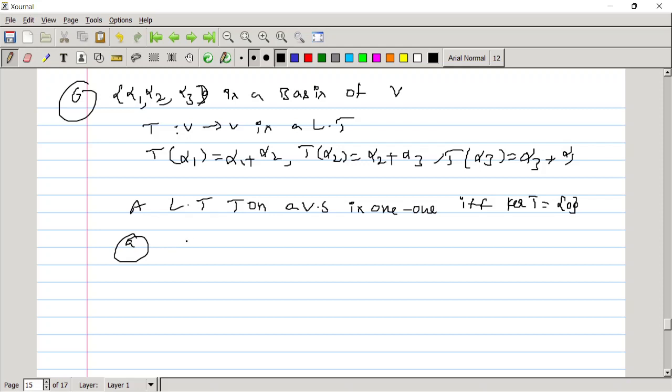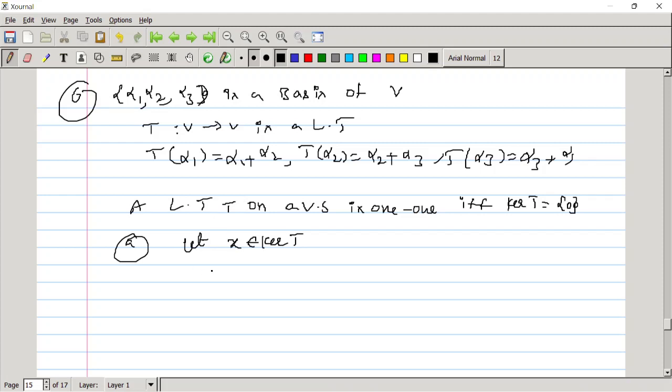Let's take one element, I'm naming it x, in the kernel of T. Here we will prove that the element x equals 0. Then we can say the kernel of T equals the singleton set {0} only. From that we can say T is 1-1.